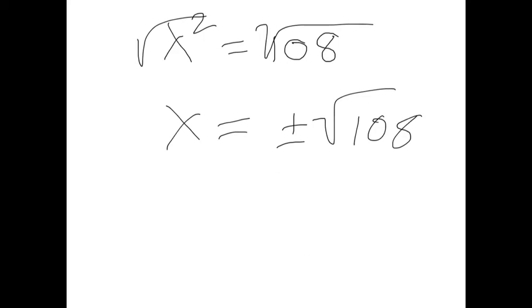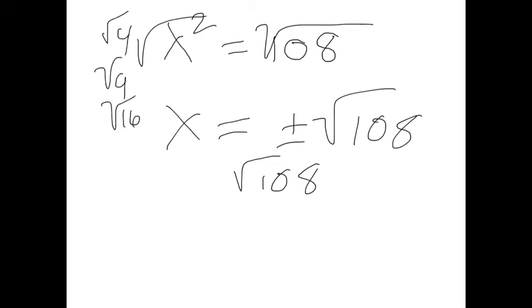Now, if the directions said to solve and simplify the radical, you would say, okay, I'm going to look at 108, and I'm going to see which of the perfect squares is the largest that will be a factor of 108.